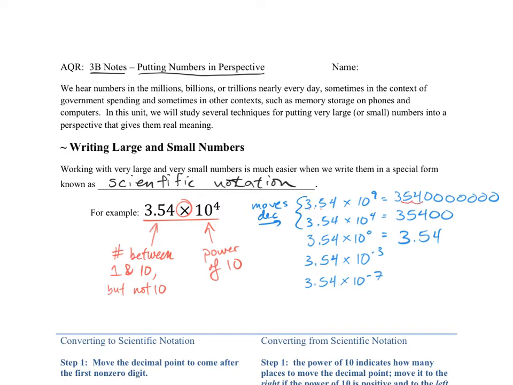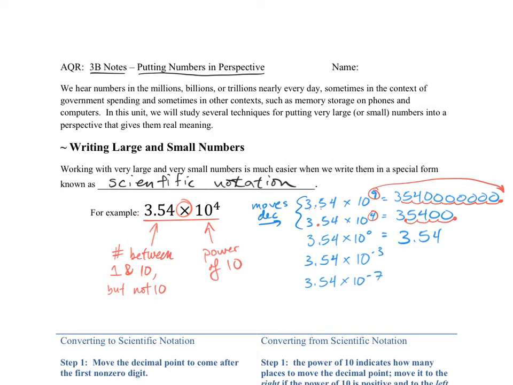And if you move it 1, 2, 3, 4, 5, 6, 7, 8, 9 times to the right, that will create this monstrous number here. I think it's 3,540,000,000. So when you see this with the 3.54 in the second example here, and the exponent being 4, it started here, it moves 1, 2, 3, 4 to the right.